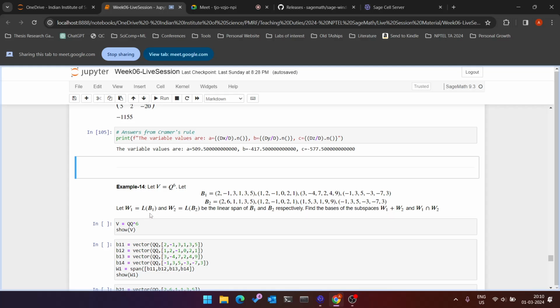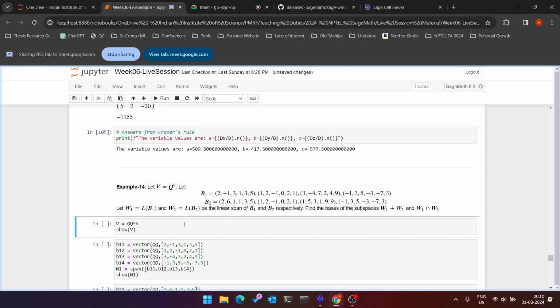We are asked to calculate the linear span of set b1 and set b2 and assign them as w1 and w2, and then calculate the basis for the subspaces w1 plus w2 and w1 intersection w2.